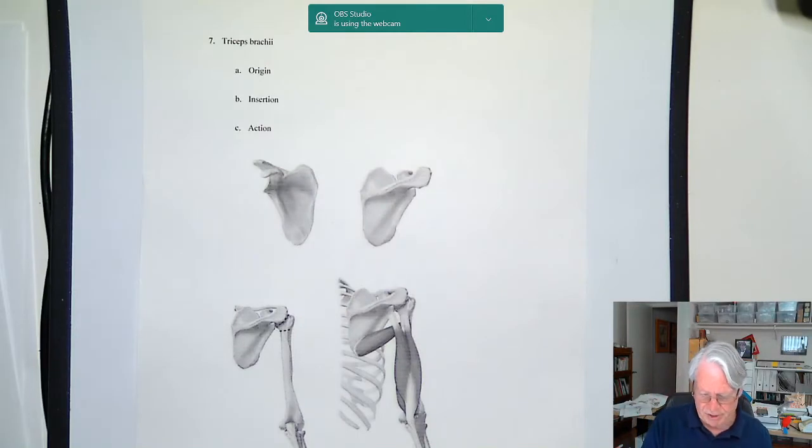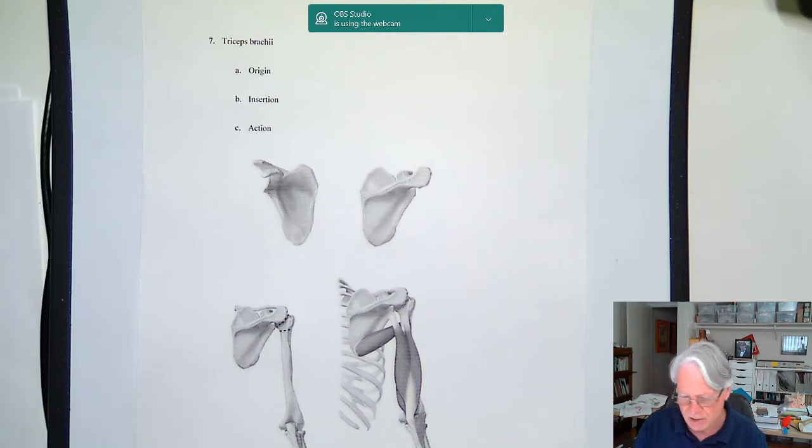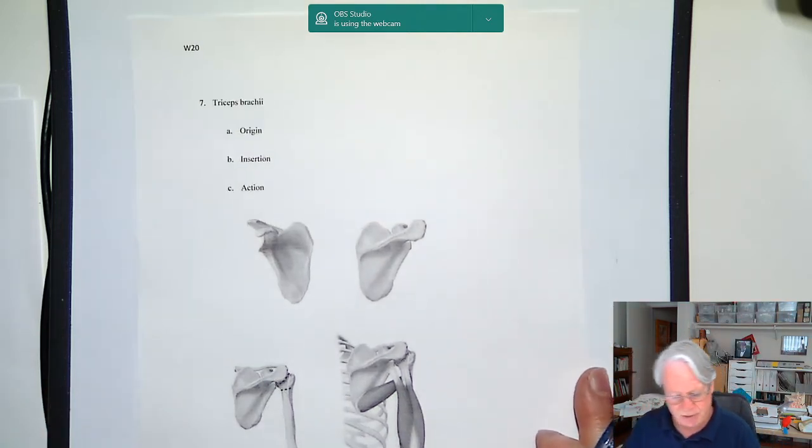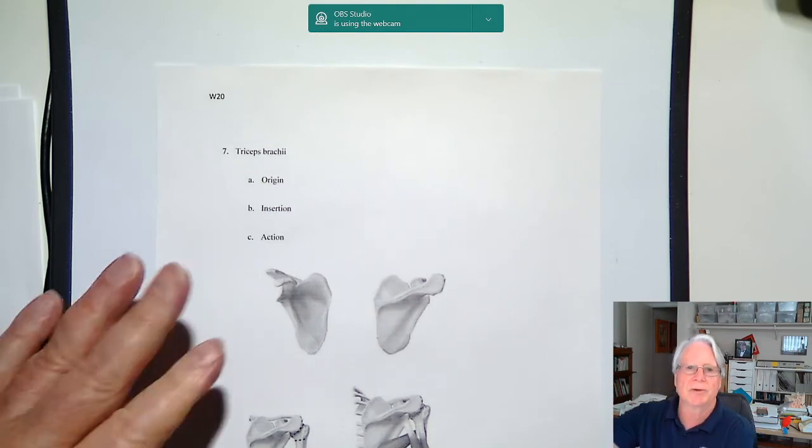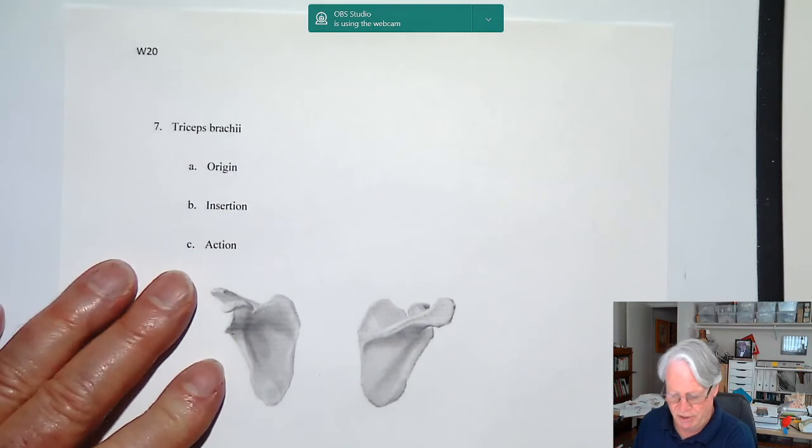Last muscle, the triceps brachii. The triceps brachii. So let's go ahead and fill in the information. Triceps brachii, this is the posterior part of your body. So let's start with origin, insertion, and action.